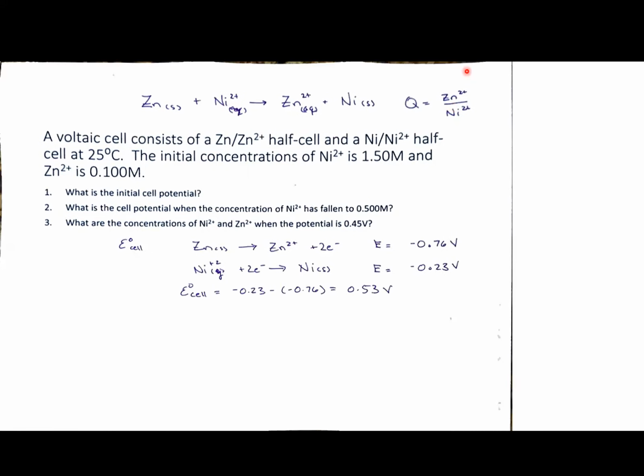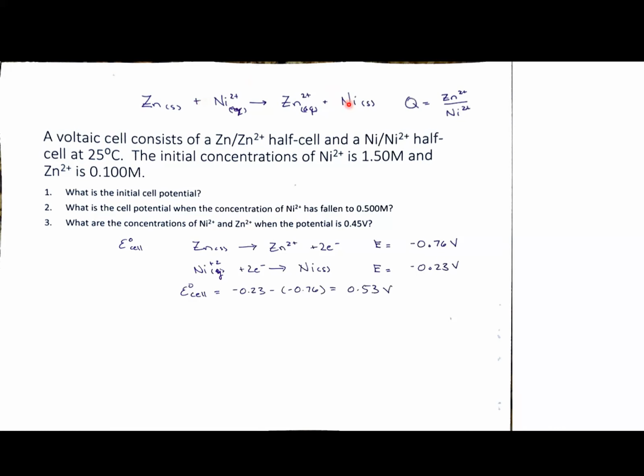Answering the question here: how do you know which is oxidized and which is reduced? A good question from Nicole. Looking at the reaction this way you can tell, but what if you had accidentally set it up so that it was nickel solid plus zinc 2 plus going to zinc solid and nickel 2 plus? What if you had done it in reverse?